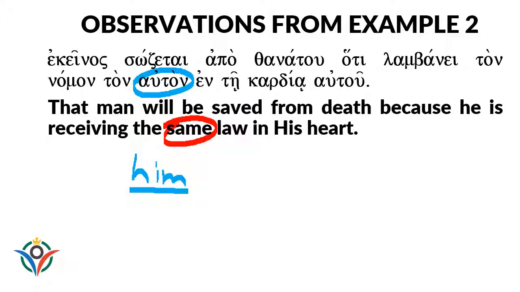Well, if you have a look very closely, this is an example of the third person personal pronoun functioning intensively because it's standing in the attributive position. So you can see there that the article ton comes before the noun nomon, and the article comes before auton. So if you can't remember the details of this translation principle, then please return to lesson 8 to refresh your memory.